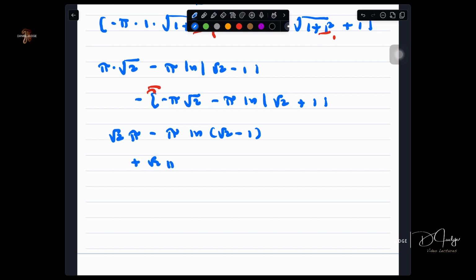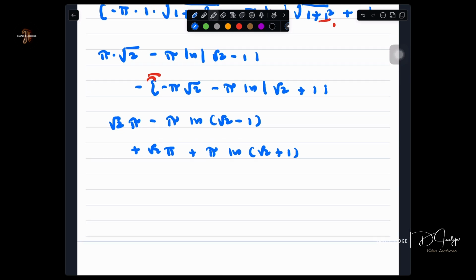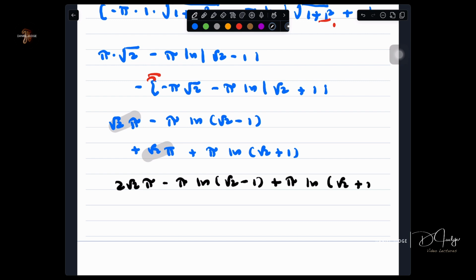Plus square root of 2 pi plus pi natural log square root of 2 plus 1 for the same reason. And I think we can combine only these two terms here. So you will end up with 2 square root of 2 pi minus pi natural log square root of 2 minus 1 plus pi natural log square root of 2 plus 1. Here's your surface area.